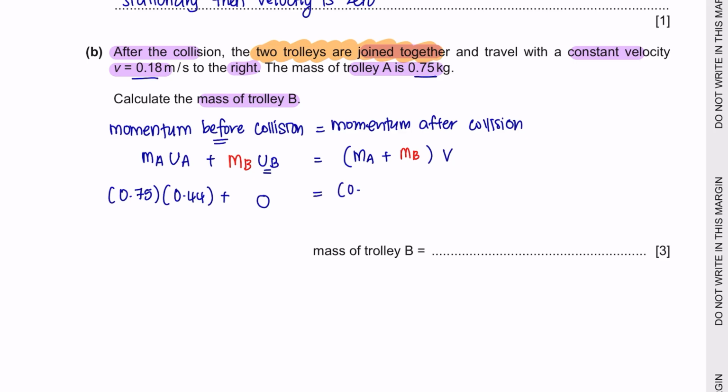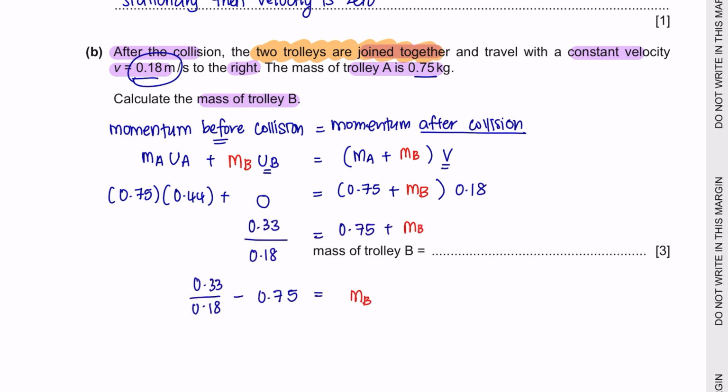The mass of trolley A is 0.75. Before and after collision, the mass remains the same. Then we're looking for the mass of trolley B, so that remains unknown. Now the velocity after collision is 0.18 meters per second. So you make the mass of trolley B your subject, use your algebra, and you will get the mass of trolley B as 1.08 kilograms, or in two significant figures, 1.1 kilograms.